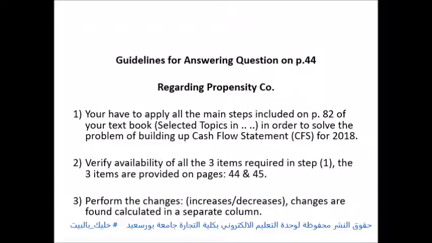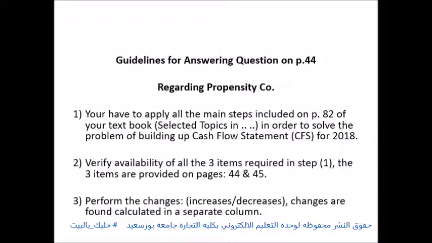Compute in an additional column the change that happened in each item of assets and liabilities. The increase in the case that I performed to you is 50,000. This 50 you have to put in a new column opposite or in front of the item which is fixed assets.